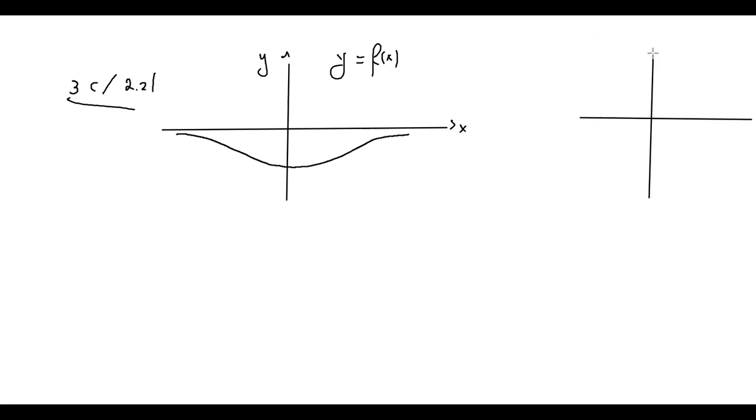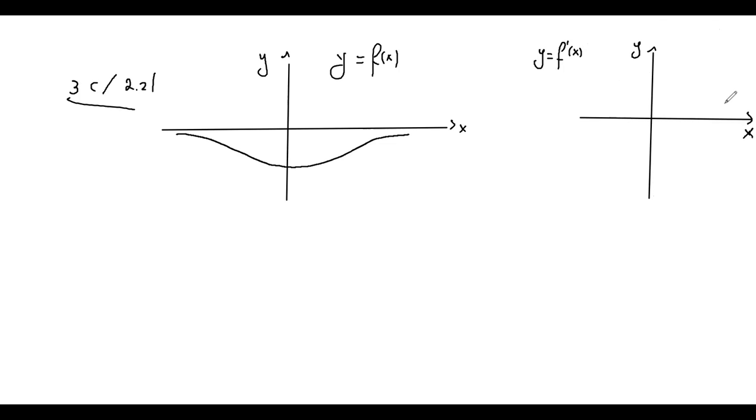Okay, something like that. And again, that's the x-axis, and that's the y-axis. And this is y equals f prime of x. Okay, so that is the derivative, and this is going to be something that we have to figure out.